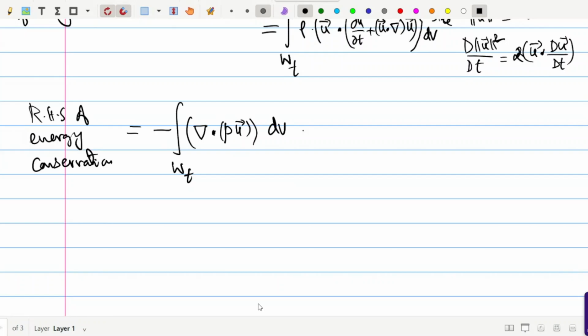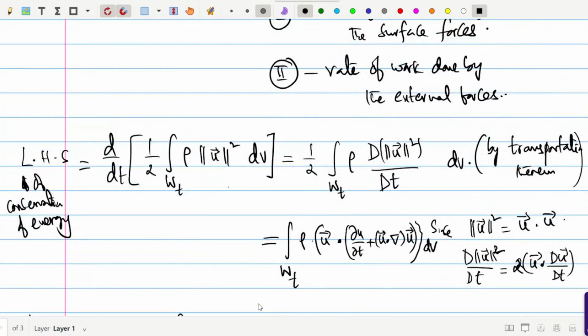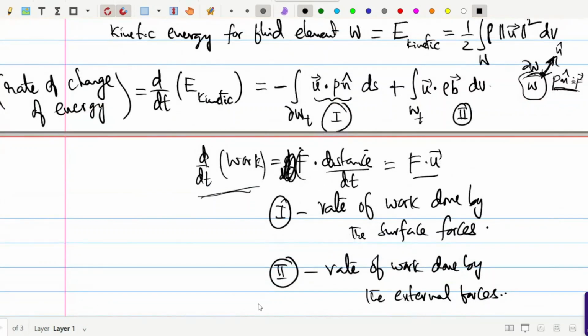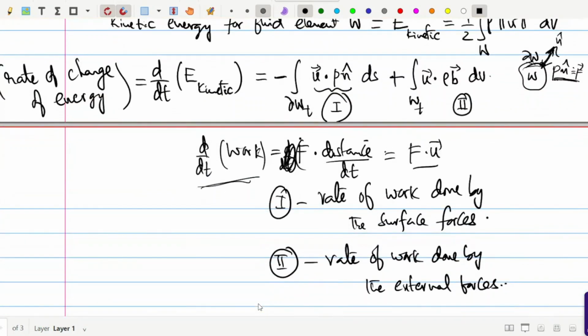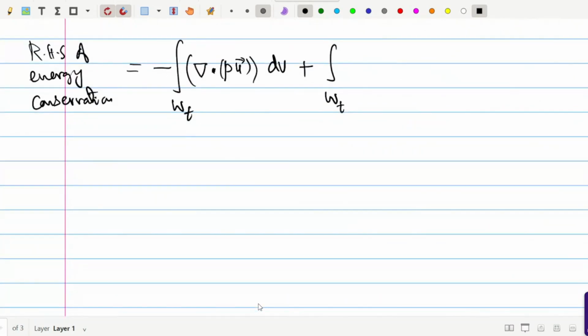Now what is the other thing that you have? That is going to be plus, there is already WT there. There you have rho U, right? That is rho U dot B. Or both are same, U bar dot rho B, all are same. So simply write rho U, whichever way you like.